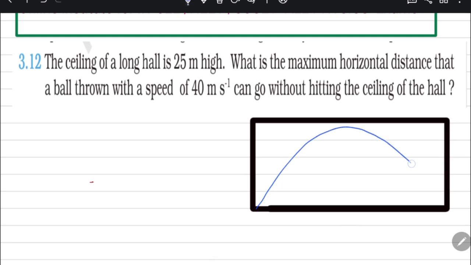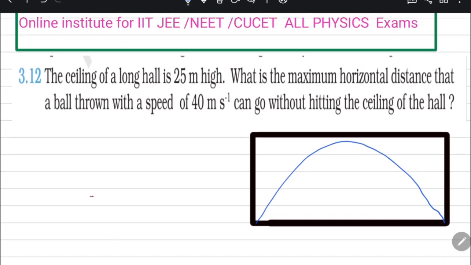They are projecting like this, and that is 25 meter high. What is the maximum horizontal distance? They have given the height, so you can find the maximum horizontal distance they are asking.